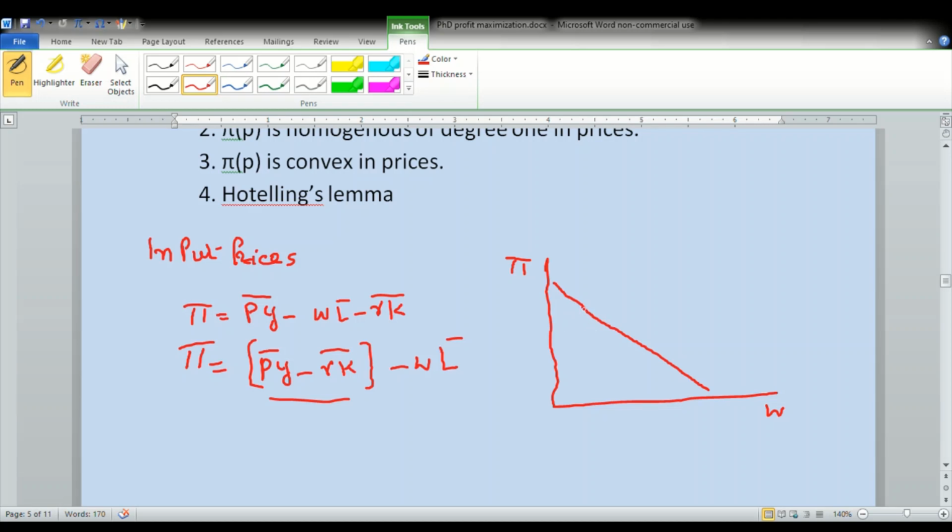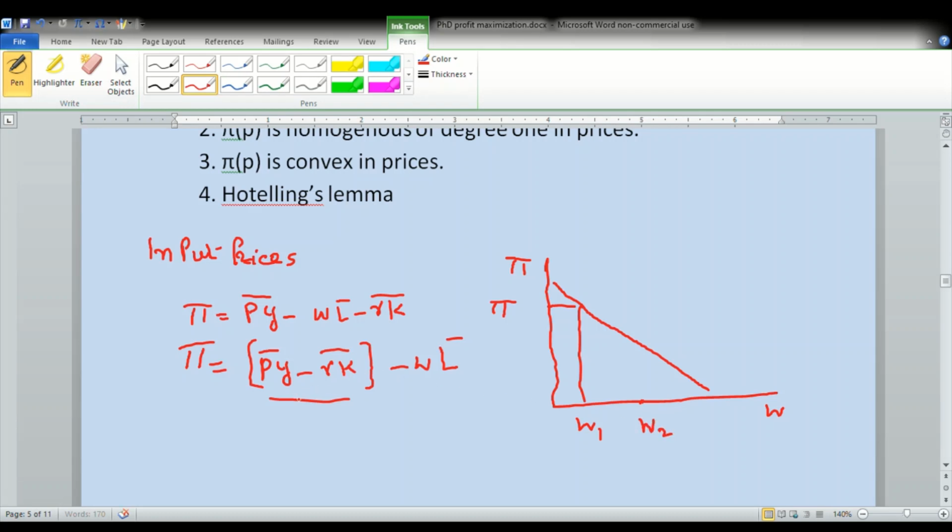Now this is your W1, suppose, and at W1 suppose that your profit is equal to pi 1. Now the wage rate increases from W1 to say W2.